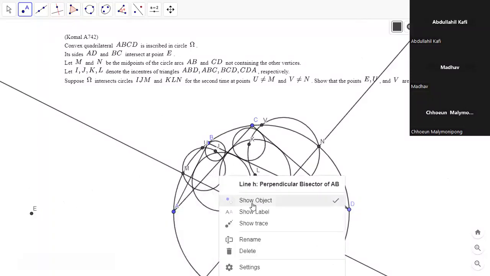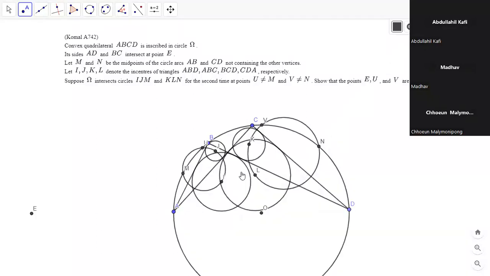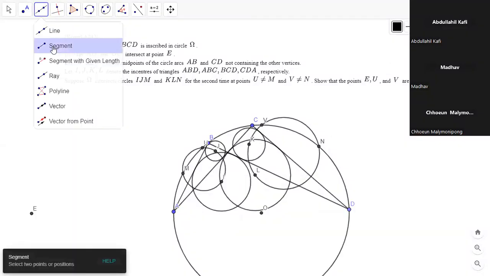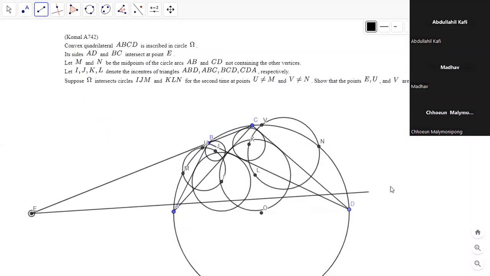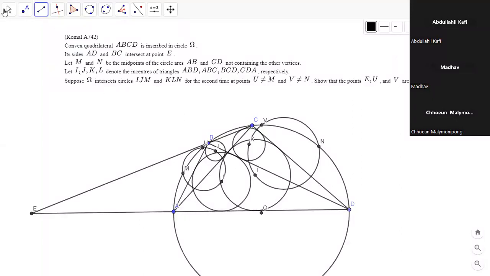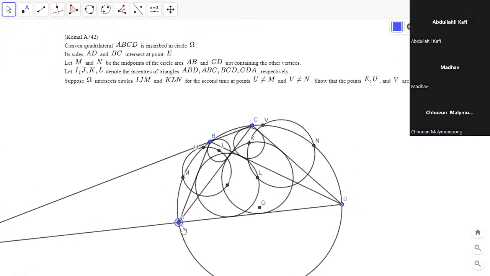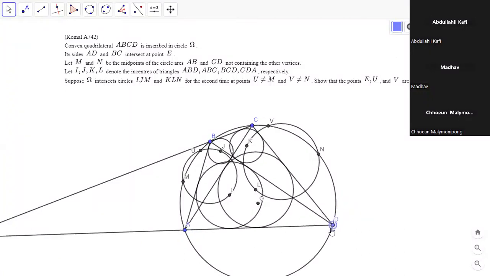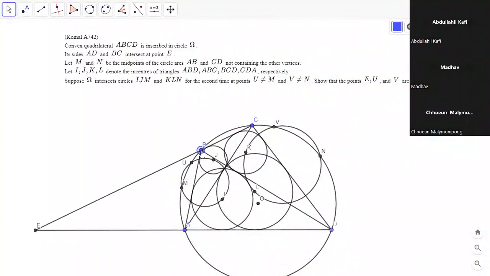Definitely don't need these. Let me move A and B down a little bit. I think it'll look a little better. Something like that.